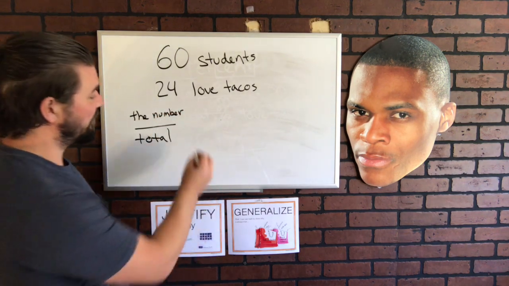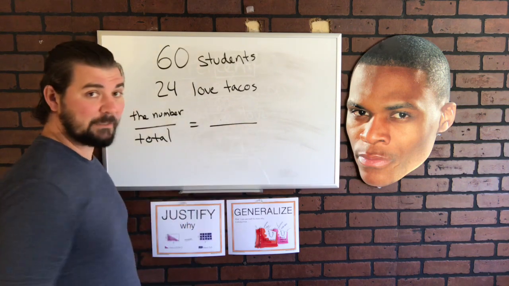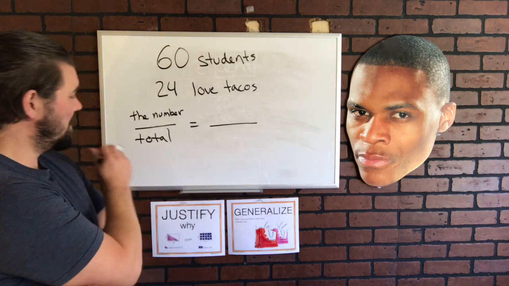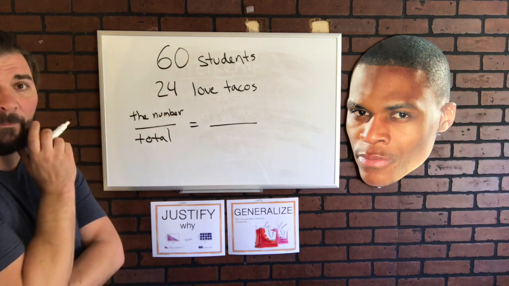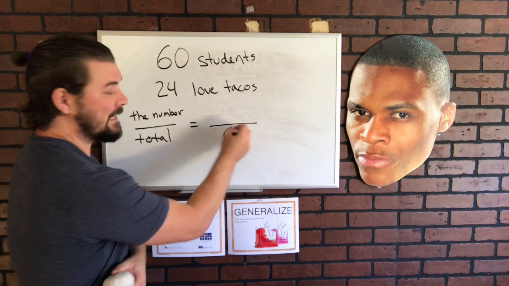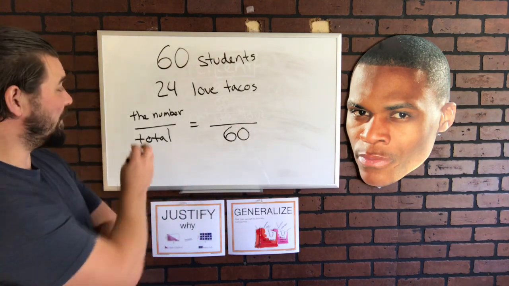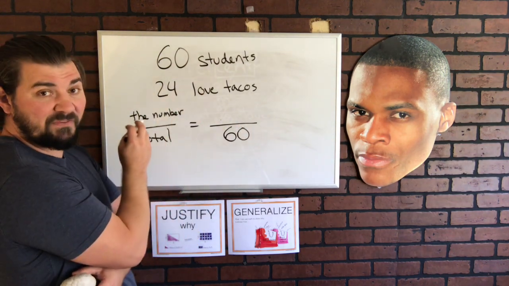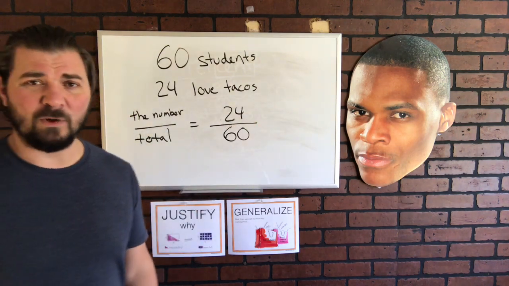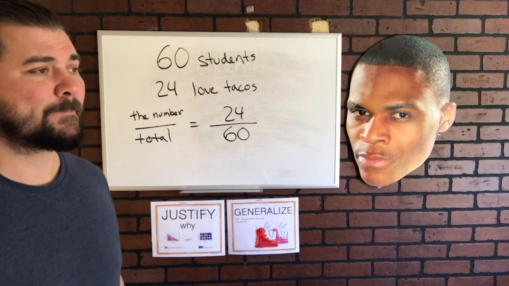Well, let's rewrite this with the numbers. So I'm going to give you about 10 seconds. Think about it. What am I going to put on the bottom? Which of these two numbers represents the total? If you're thinking 60, bam, you got it. 60 on the bottom. And therefore, the number I'm thinking about, or the number of kids that love tacos, would go right here. So I've got 24 over 60.